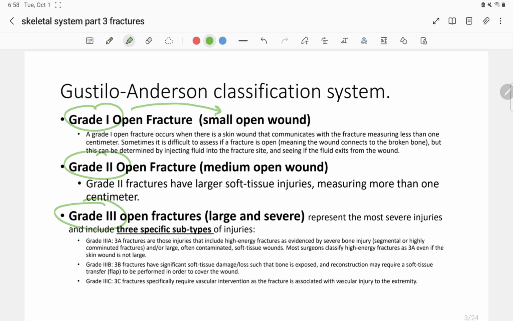A grade 2 open fracture is a medium-sized open wound, and by definition measuring more than 1 centimeter. And then a grade 3 open fracture would be severe, large and severe. One thing that you're worried about with an open fracture is infection.